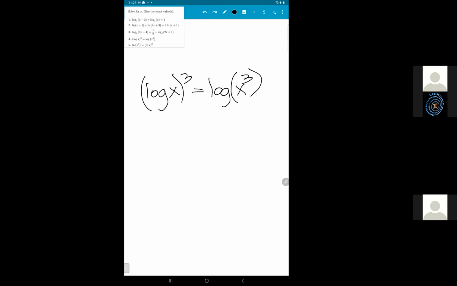Well, you do not apply the property wrongly by bringing down 3 here. That's not allowed since 3 is outside the logarithm. You can only do it if it's inside the logarithm, as in the right hand expression. So this one you can bring down.